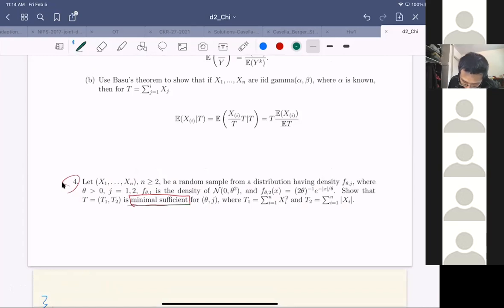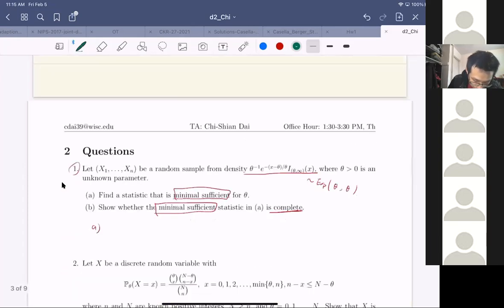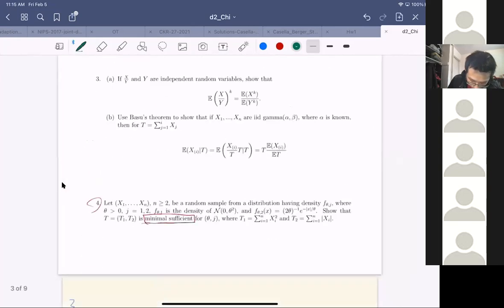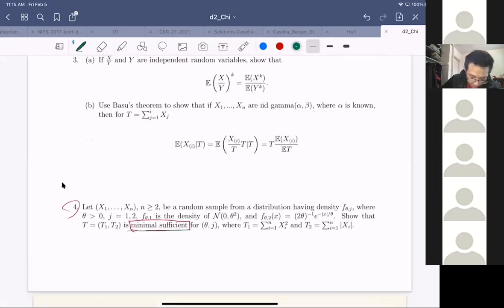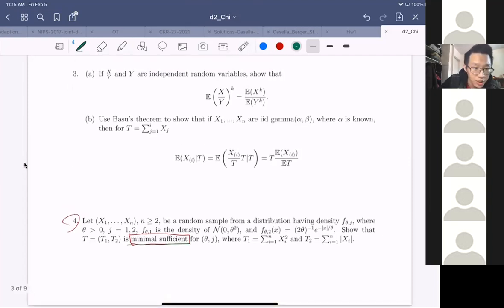But I think this one is easier. You don't have to apply a theorem. Actually, you still have to use a theorem. Okay. So please do 1 and 4. And if you have any question, don't hesitate to ask me.